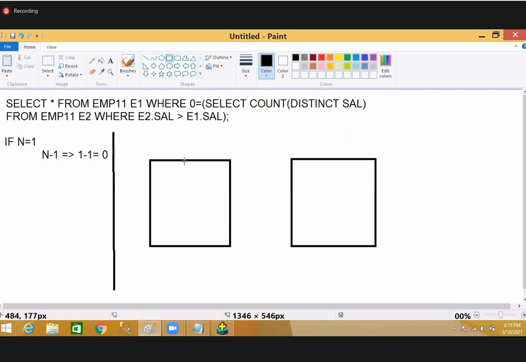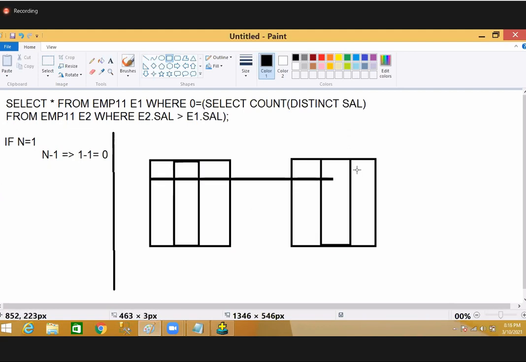In this, I will take some columns. So this is your table, and this table we already know.